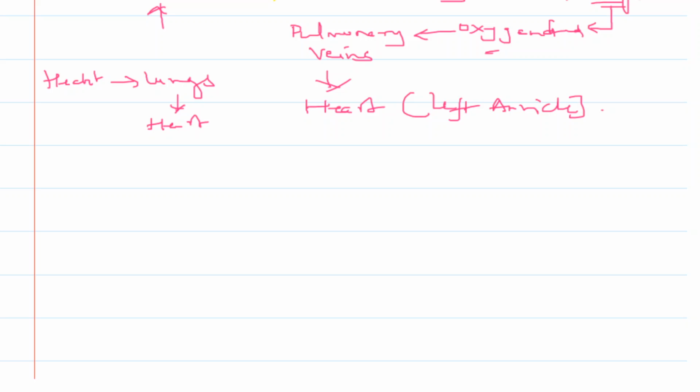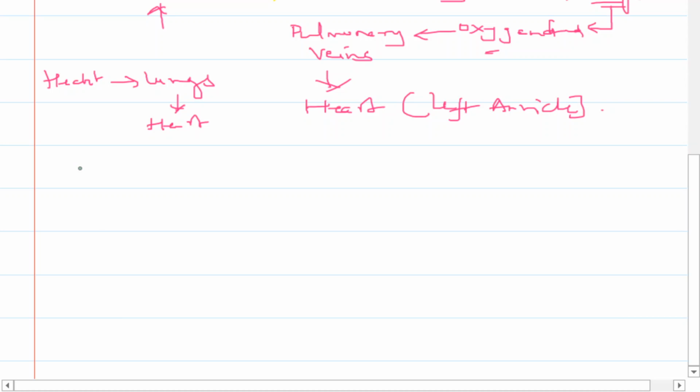So now let's see what the systemic circulation is. The oxygenated blood that has come to the left part of the heart, that is the left auricle, flows into your left ventricle. And from here, when the ventricle undergoes the systole or the contraction, it is pushed out into the systemic aorta. This is the biggest arch.